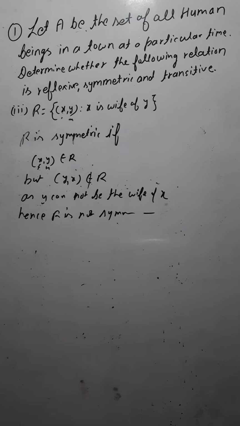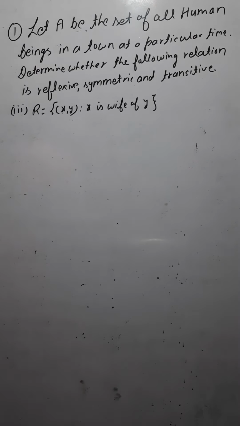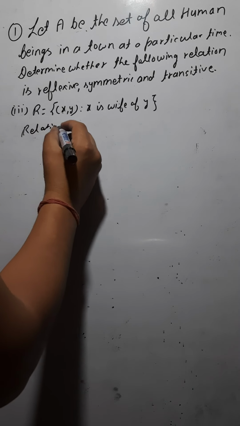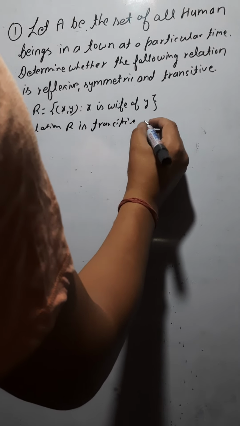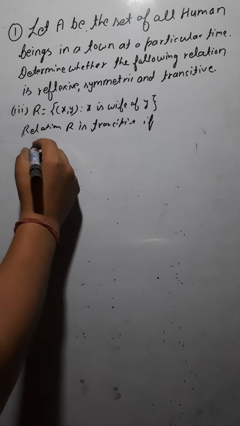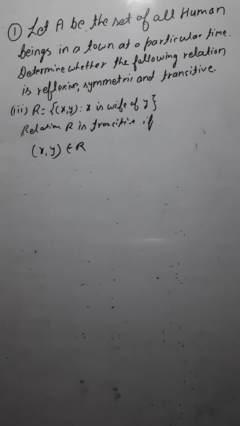Then we would check whether this relation R is transitive or not. Relation R would be transitive if what? Let me write. (x, y) belongs to the relation, meaning x is the wife of y.